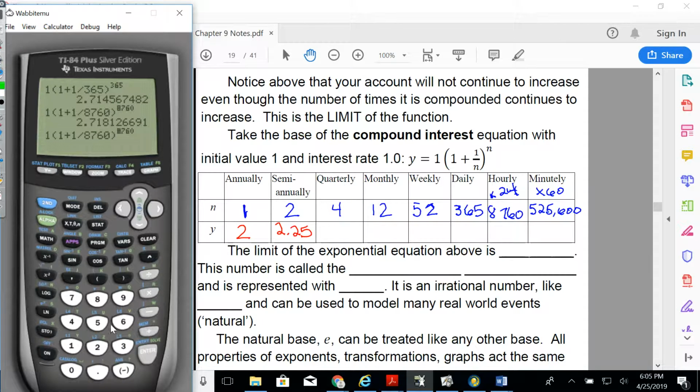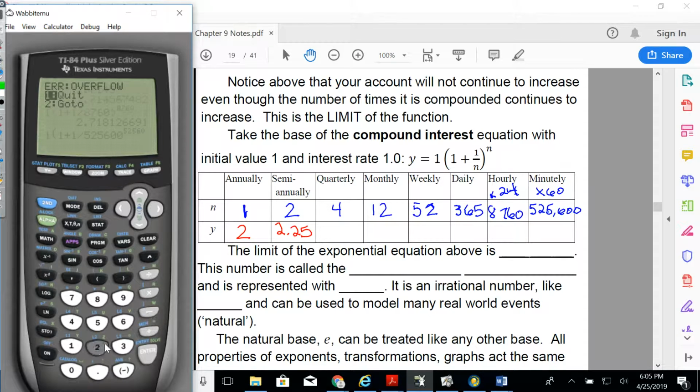And you should start recognizing that number. And then go change this one to minutely. 525,600.